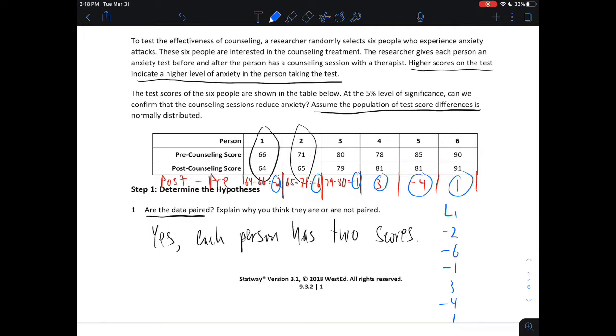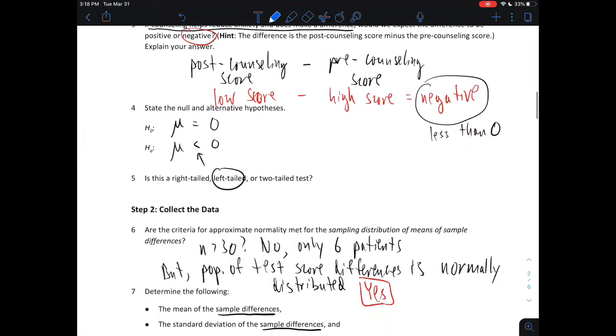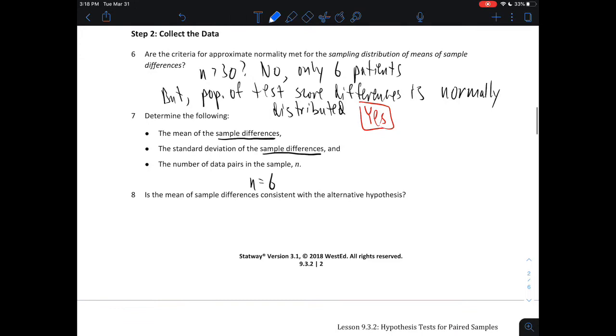So go ahead and take a couple minutes to fill out that list, and then you're going to use the one variable statistics like we've done in previous lessons to get the mean and the standard deviation. And what you should get for the mean is -1.5.